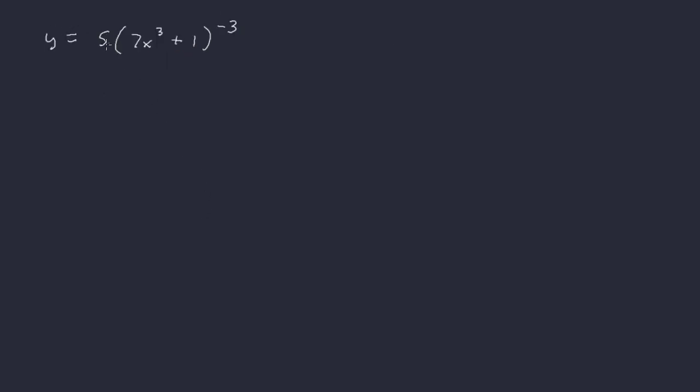All right, next up, let's say y is equal to 5 times 7x cubed plus 1 all to the negative 3. Okay, so in this case, this is our u, and we're looking at essentially 5u to the negative 3. So when we differentiate, we're going to bring that negative 3 down, which we always do.